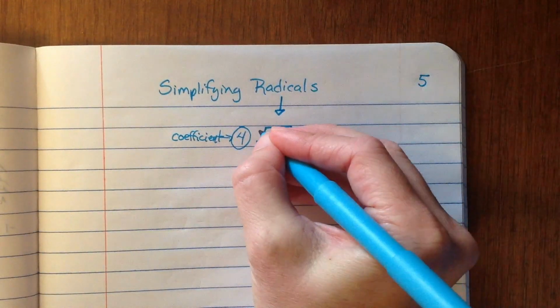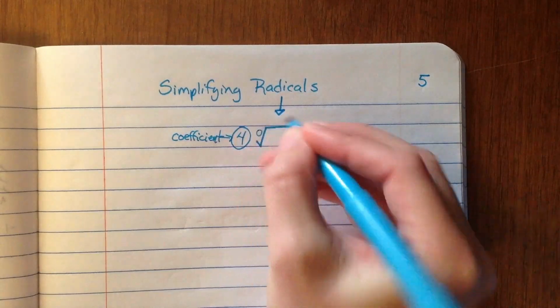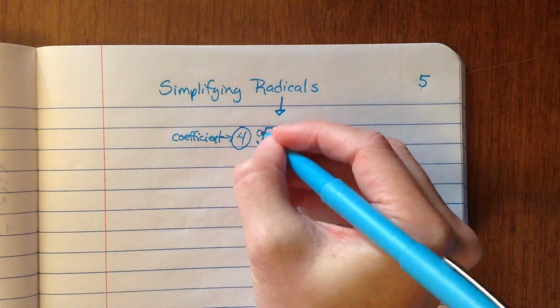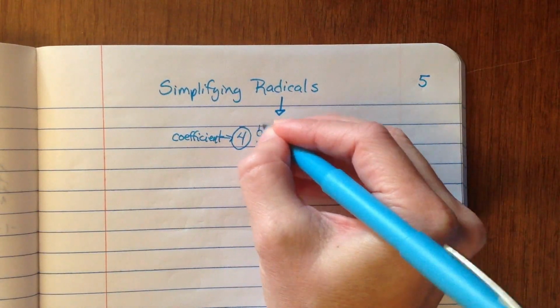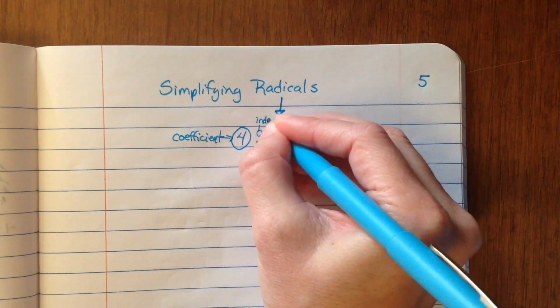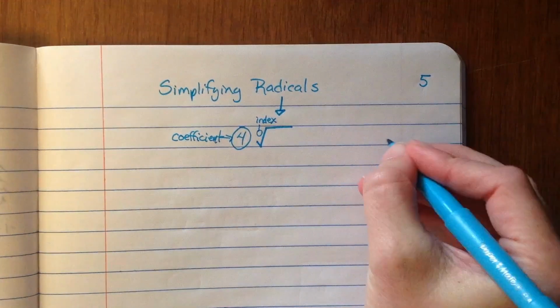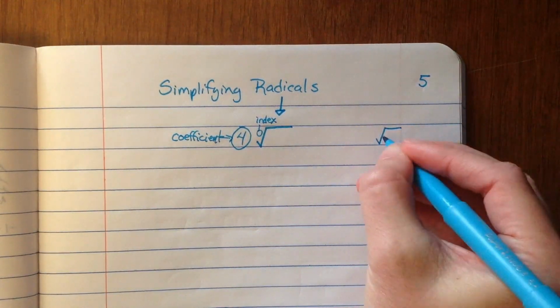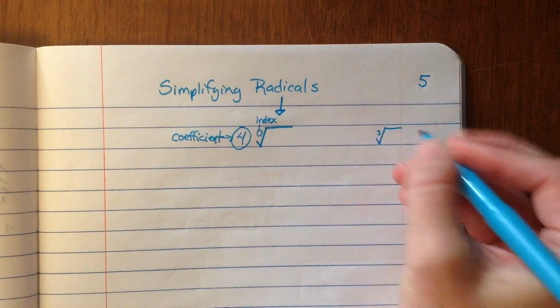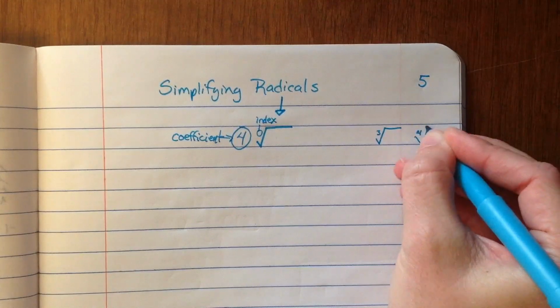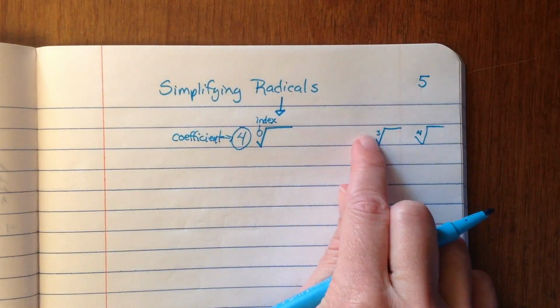There's also right in here an empty space, and we actually call that the index. We'll talk a little bit more about that in just a second, but just so you know, you can stick a small number in there, maybe like a 3 or even a 4, inside that little check mark.